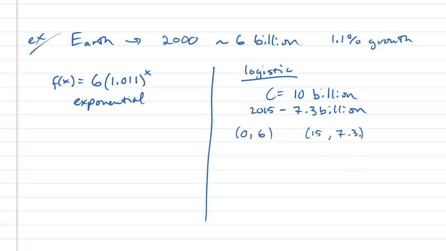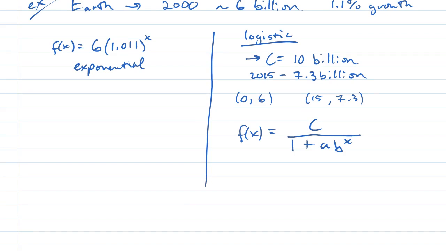Now this should be familiar from what we've done already. If you have 2 points, you can fit the model by plugging those points in. The other thing to keep in mind now is we have C. But remember that the logistic is just a little more complicated. It's going to be C all over 1 plus A b to the x. So we're going to continue now. The logistic is a lot more work.